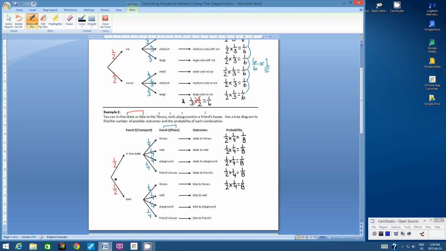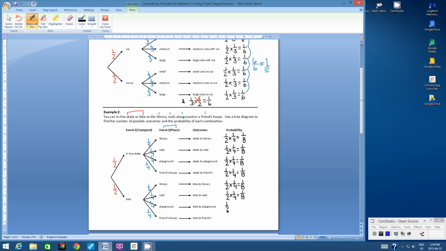Okay? If we're going to bike to the mall, we have 1/2 times 1/4 again. Now, I don't want you to just assume that they're all going to be the same. I want you to have a look. Don't just blindly write them down. I am checking, okay? So, next one, bike to playground. Bike is 1/2, playground is 1/4.